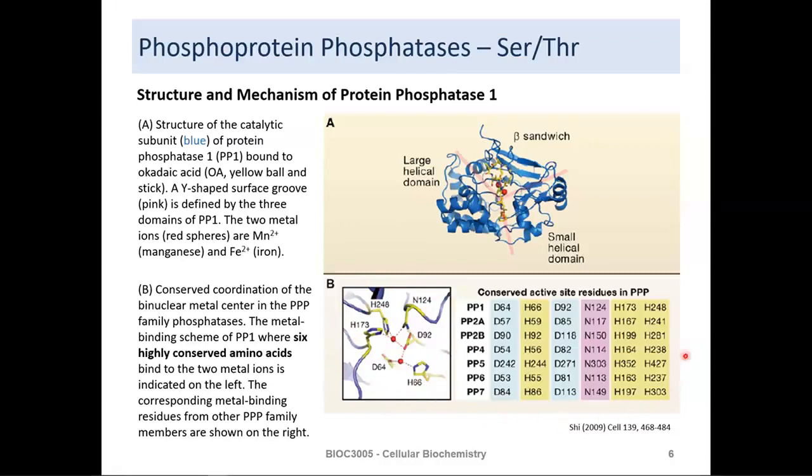On the right, this shows within the family of PPP, those 6 residues are highly conserved. So the catalytic binding site of the phosphoprotein phosphatase is crucially important, and this is why these residues are highly conserved across the family.